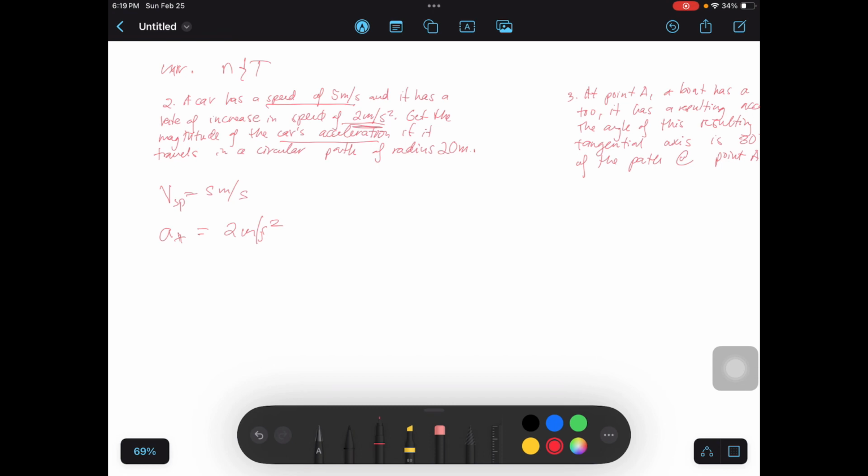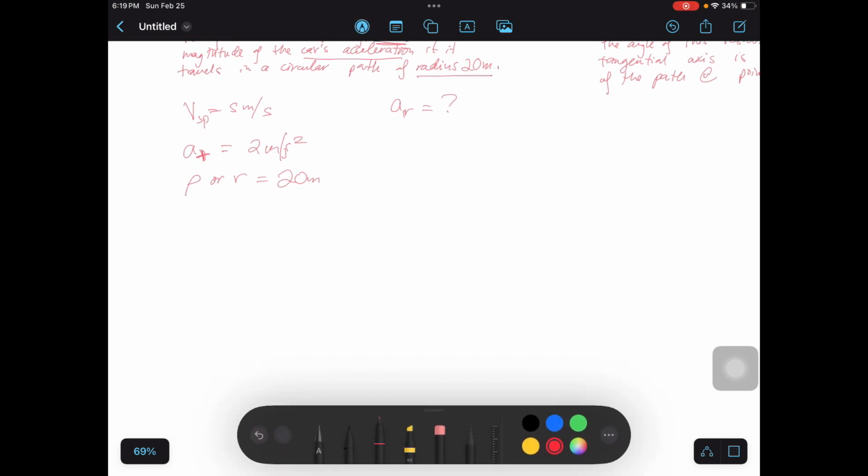It is aT dahil siya yung self-effort ng car na mag-accelerate. So, that is aT, tangential acceleration. And then, itong pinapahanap niya, get the magnitude of the car's acceleration, this missing is the resultant. So, it travels in a circular path. Radius is 20 meters.